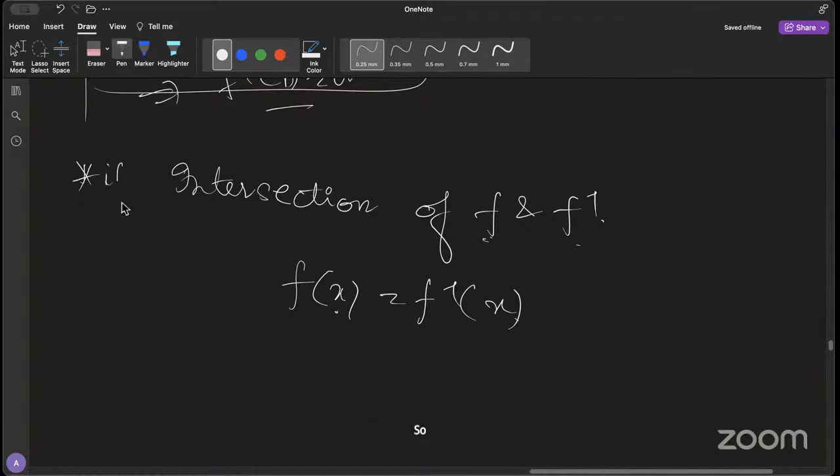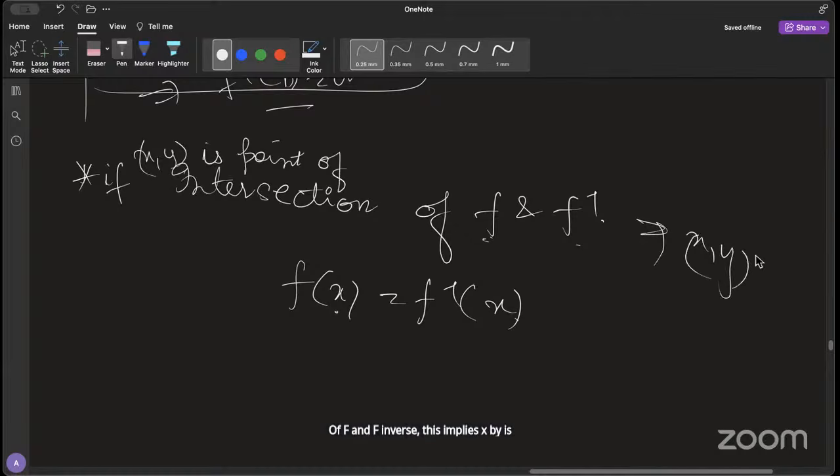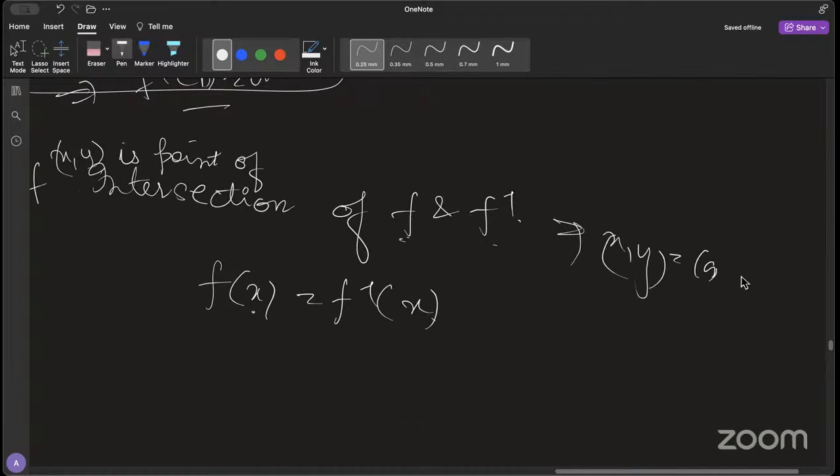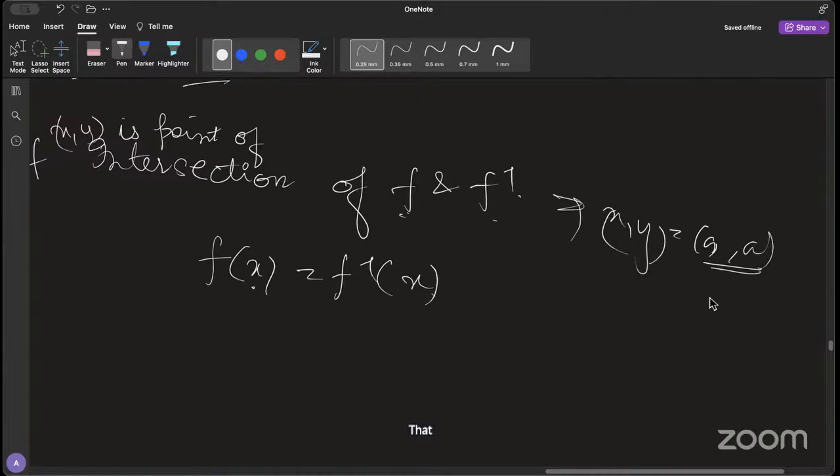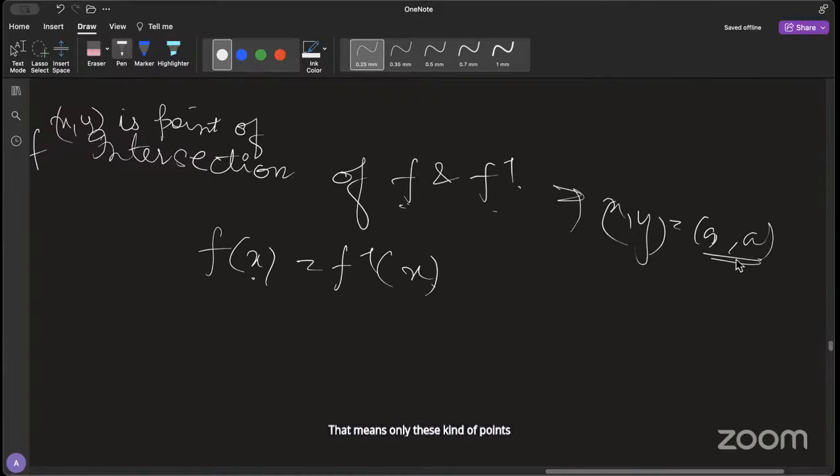So if (x, y) is a point of intersection of f and f inverse, this implies (x, y) is (a, a). That means only these kinds of points can be the point of intersection of f and f inverse.